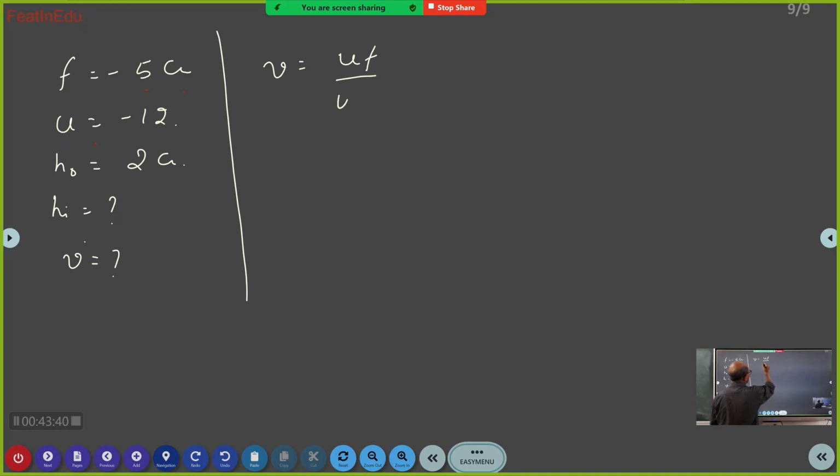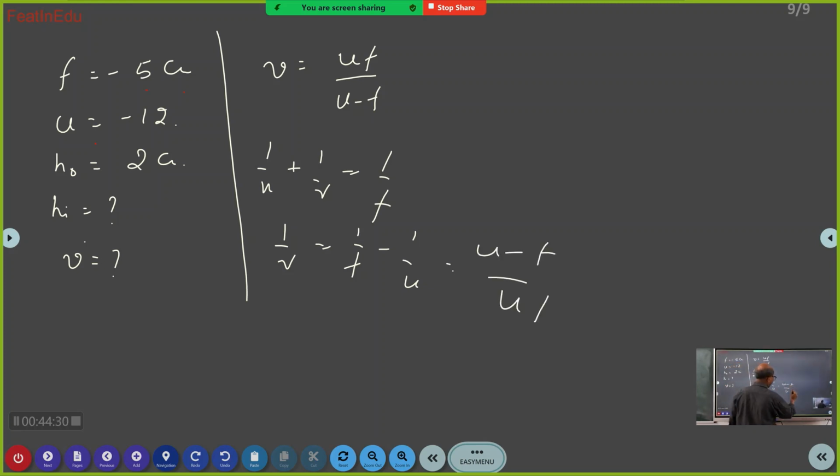Let us see: 1 by v plus 1 by u is equal to 1 by f, so 1 by v is equal to 1 by f minus 1 by u, which is u minus f divided by uf.